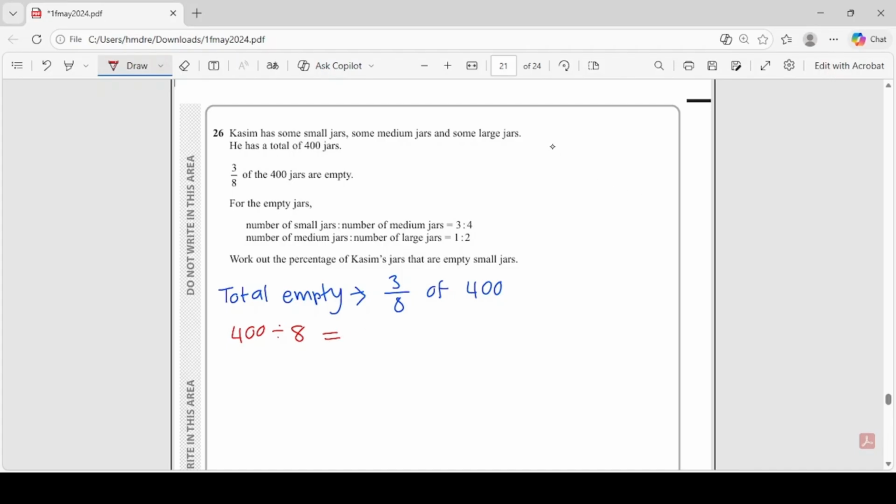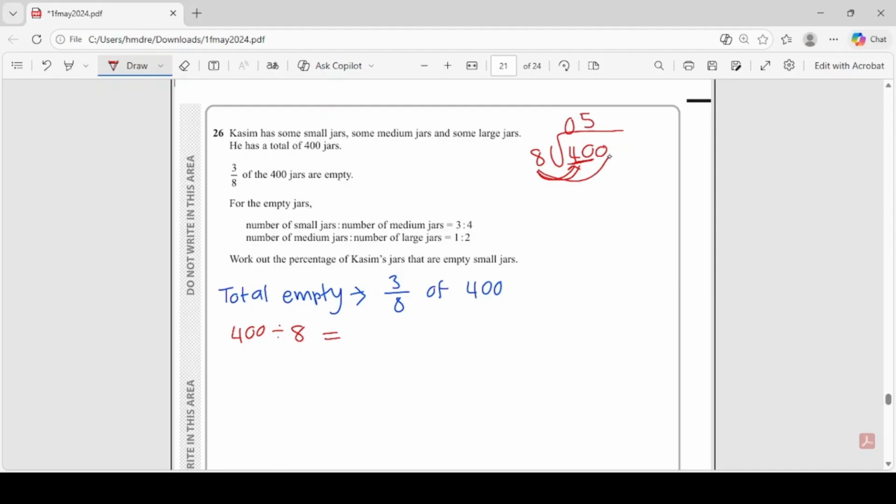We can just draw a quick division house like this. How many times does 8 go into 4? It doesn't. How many times does 8 go into 40? That is 8, 16, 24, 32, 40. So that goes in 5 times.